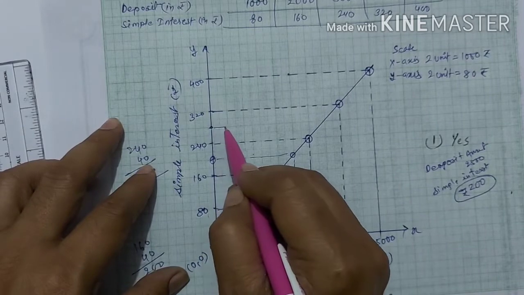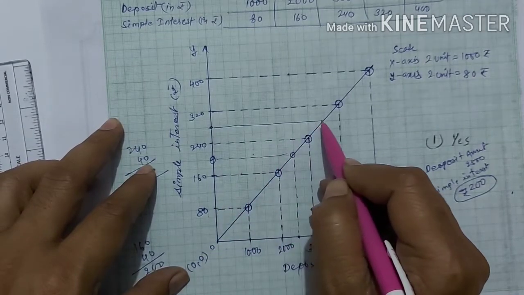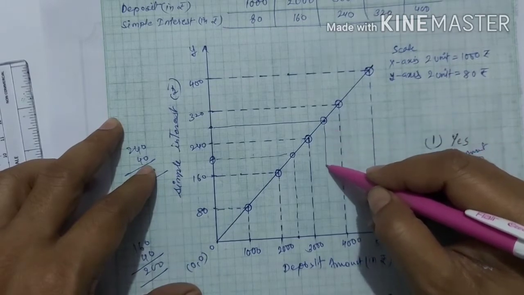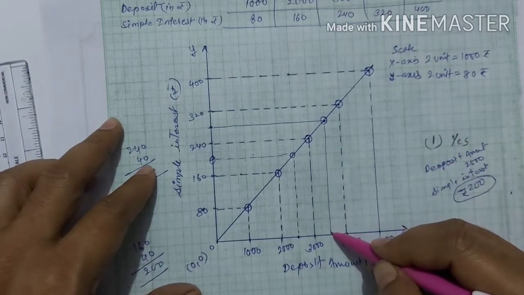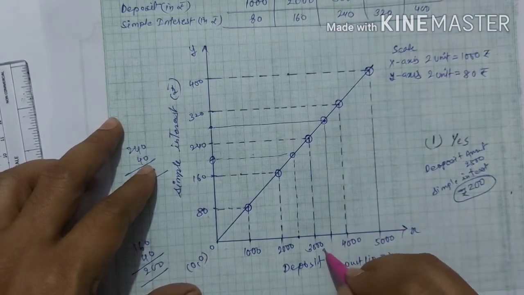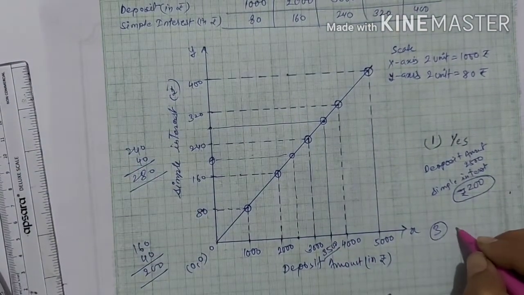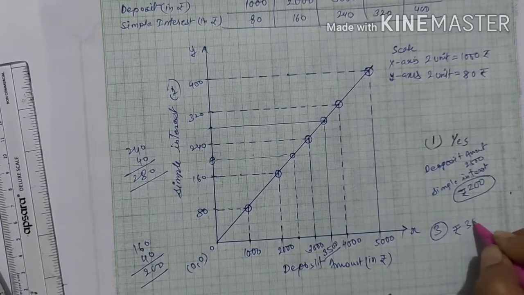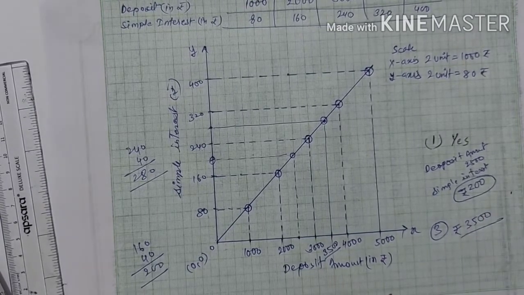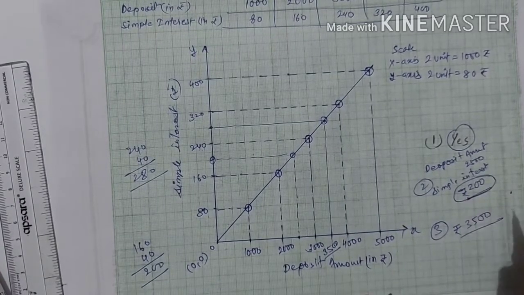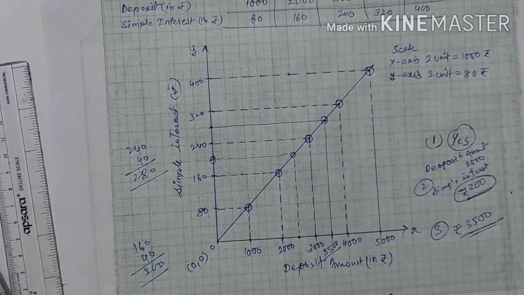Now go across until this point matches the line, and come back down to this point, which is 3500. So the third answer is 3500 rupees. The first answer is yes, the second answer is 200, and the third is 3500.